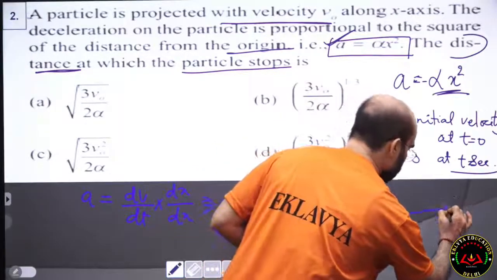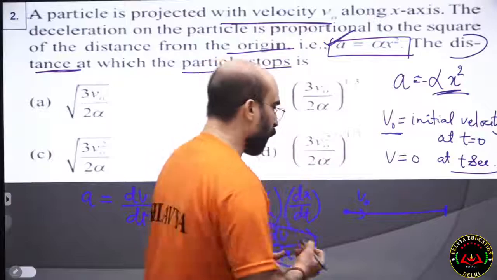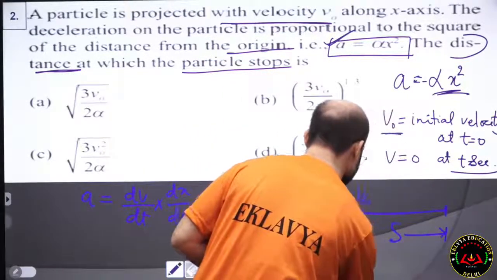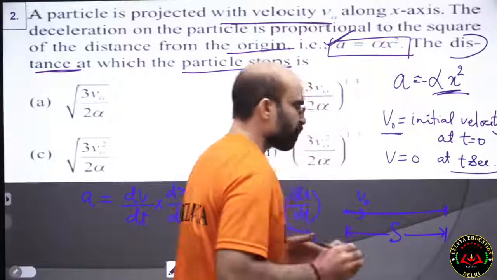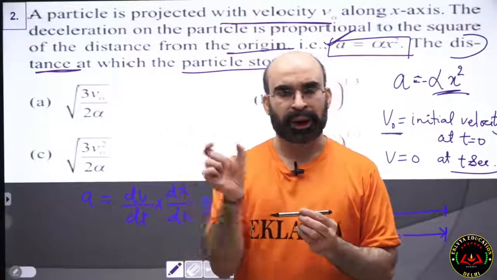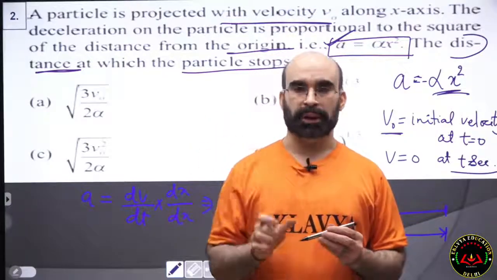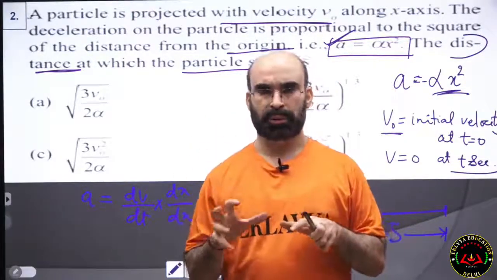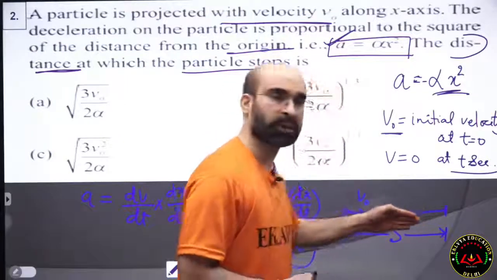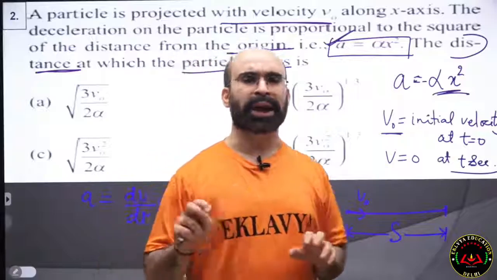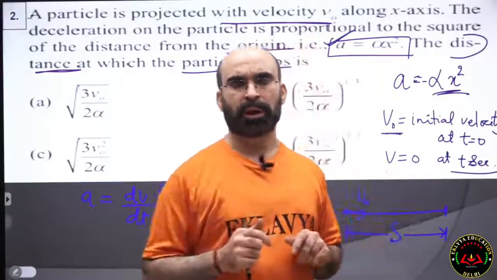Now here it is stopping at this point. What is the displacement value or distance covered in this? See, when there is straight line motion, distance and displacement can be considered. It is in this direction only, it is going up, so it's okay to call this distance.